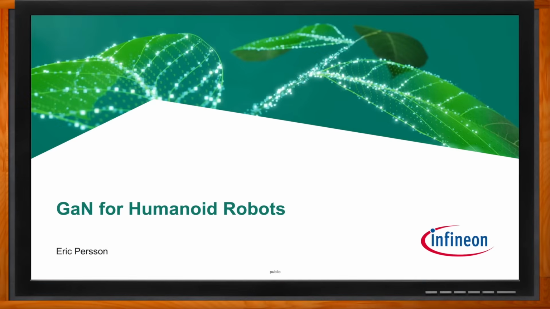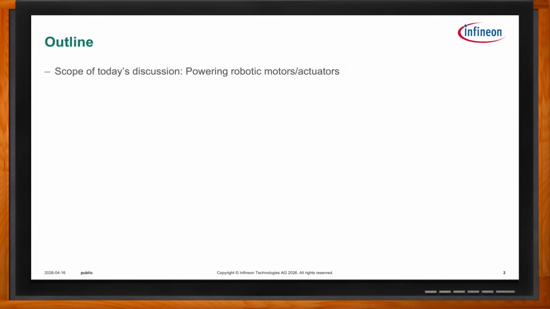Excellent. Okay, so we're talking all about GaN solutions for humanoid robots today. So, Eric, before we get started, what all will we be covering? We're going to talk about the robotic motors and actuators.